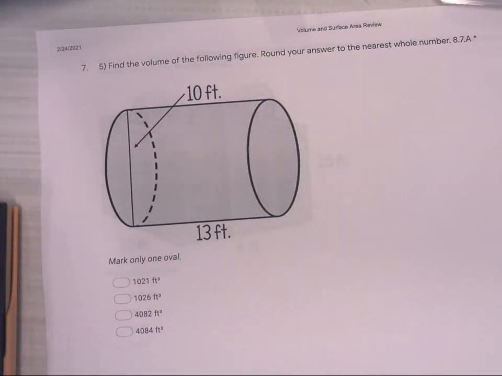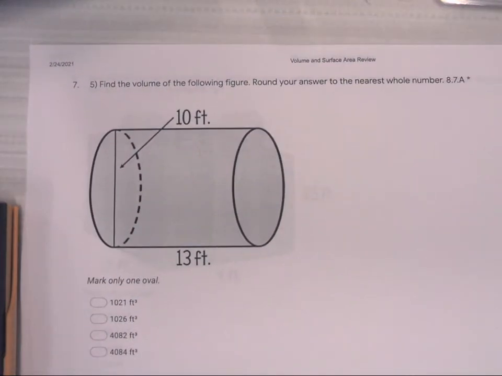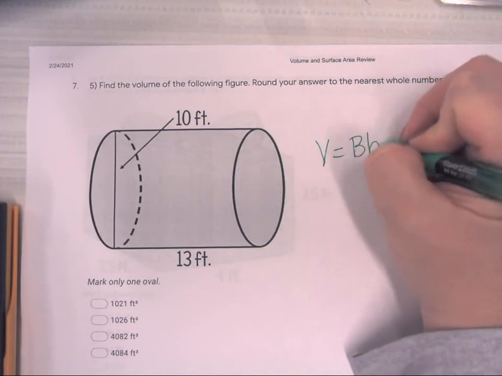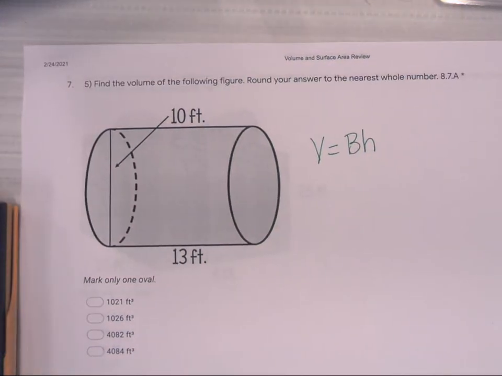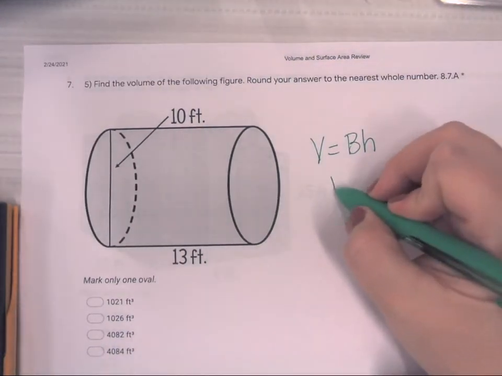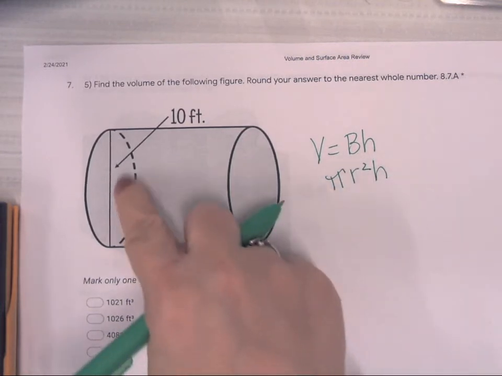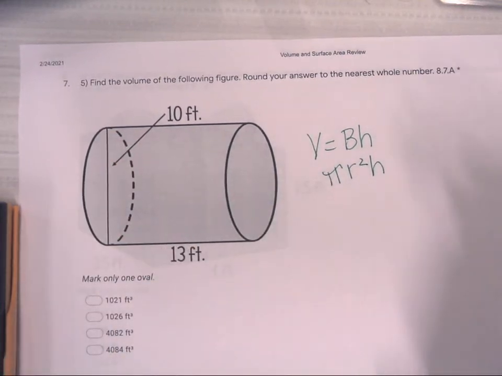It says find the volume of the following figure, round your answer to the nearest whole number. This is a cylinder. This is area of my base times my height. So I'm going to do pi r squared times h because my area of my base is a circle.